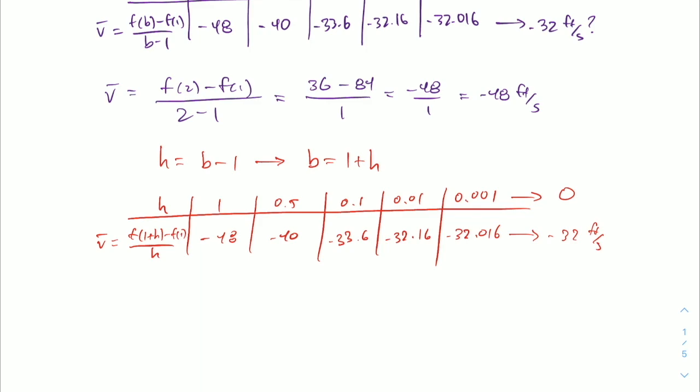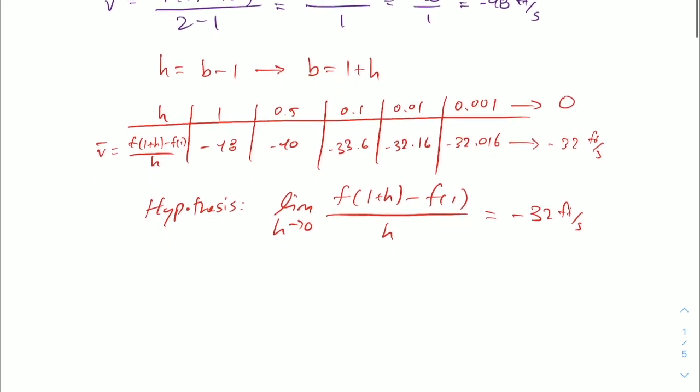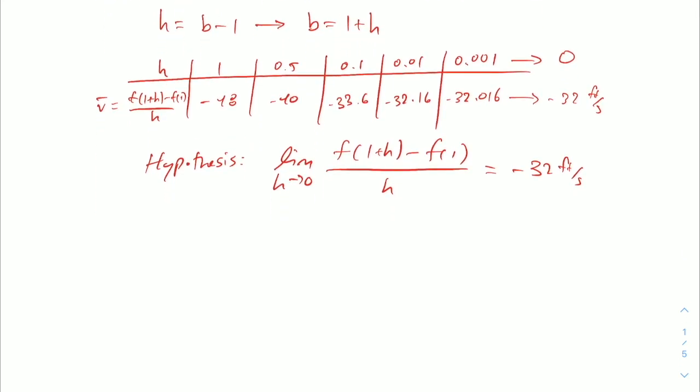A little more formally, our hypothesis is the limit as h goes to 0 of f of 1 plus h minus f of 1 all over h equals negative 32. Okay, and this form naturally leads to what we call the derivative.